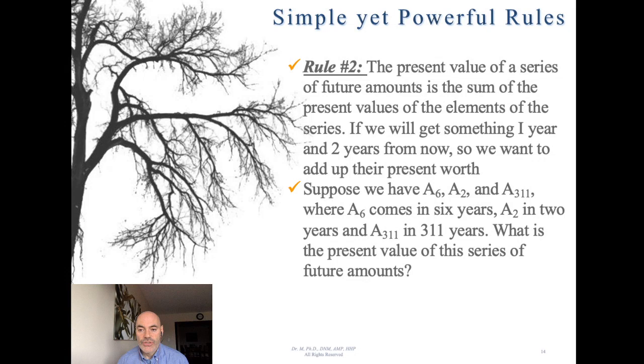So you have an asset in front of you that is denominated 6 years from now. Nothing is available until 6 years from now. Then you have another asset that is available 2 years from now, and you have another asset that is available 311 years from now. And that's what you see on your screen.